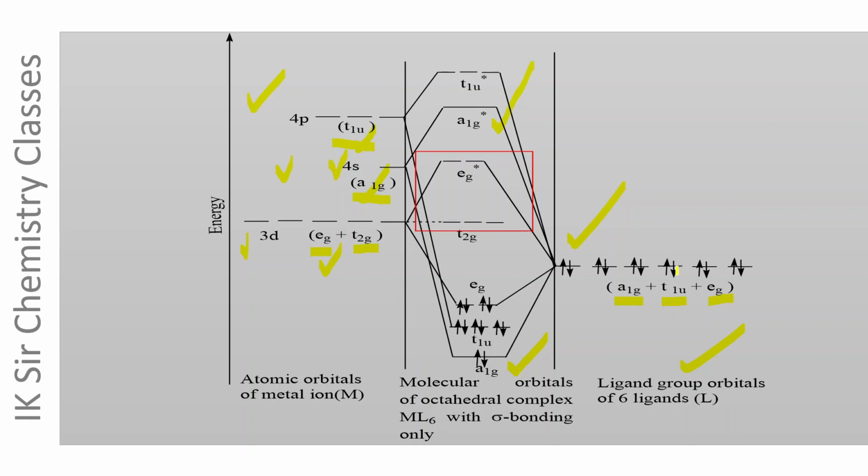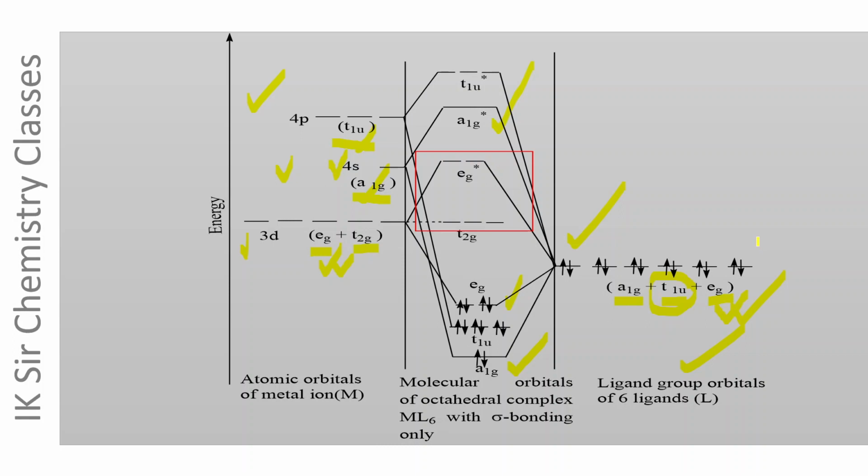Similarly, the T1u ligand group orbital overlaps with the T1u orbital of the central metal ion forming T1u bonding MO and T1u star anti-bonding MO. And similarly, the Eg ligand group orbital overlaps with the Eg atomic orbital of the central metal ion forming Eg bonding MO and Eg star anti-bonding MO.